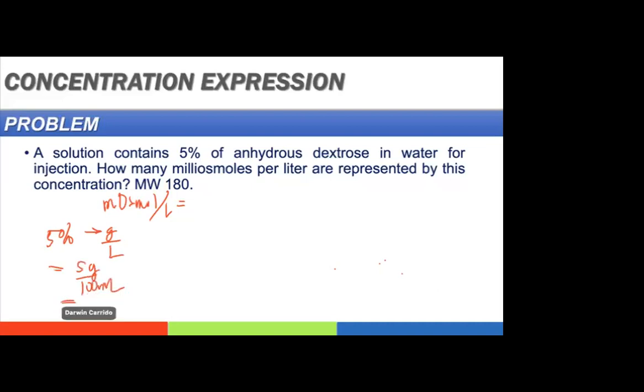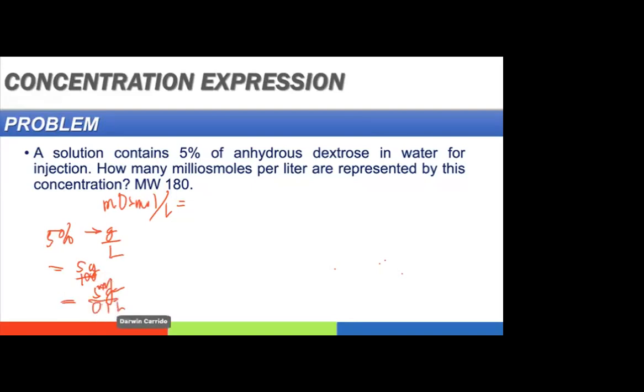So we convert 100 ml to liter. How many liters are in 100 ml? 0.1 liter.